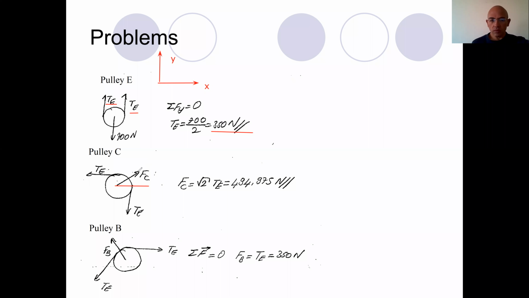So this angle is 45 degrees. From here, we can say that FC is equal to square root of 2 multiplied by TE.